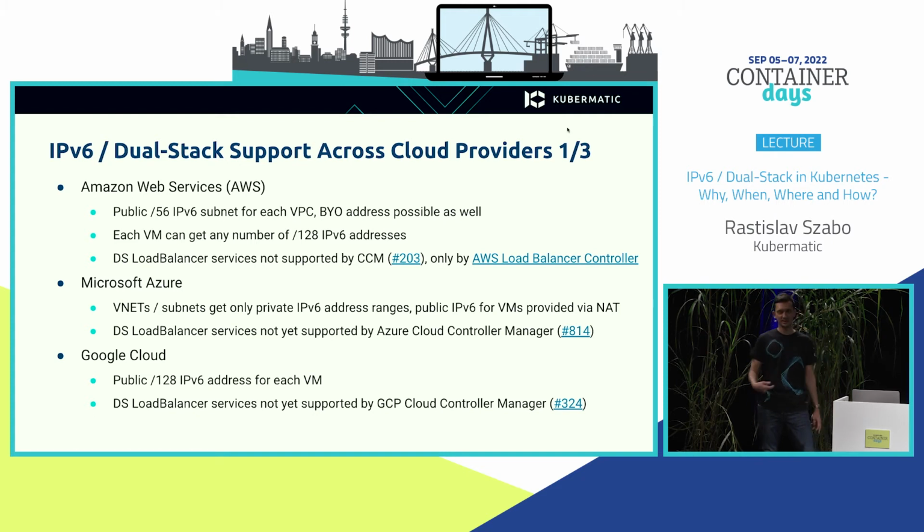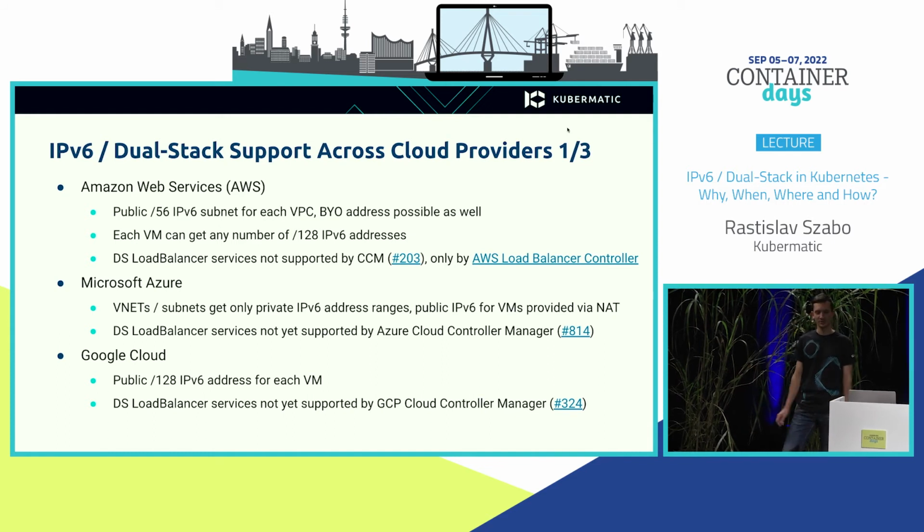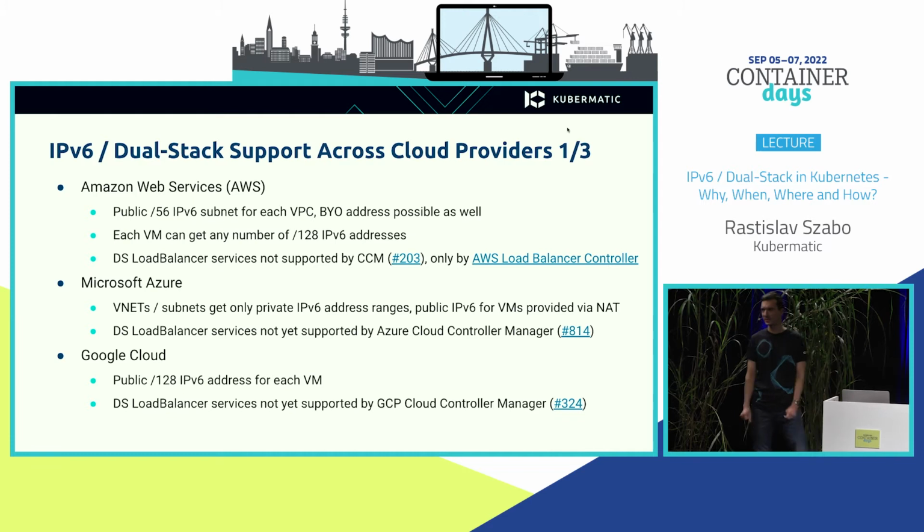The public IP addresses are provided by AWS, and you can also bring your own IPv6 address range if you want. The problem here is that the dual stack load balancer services are not supported by the Cloud Controller Manager of AWS, but they are supported by a specific AWS load balancer controller. So you may need to use that one if you need to have proper ingress load balancing.